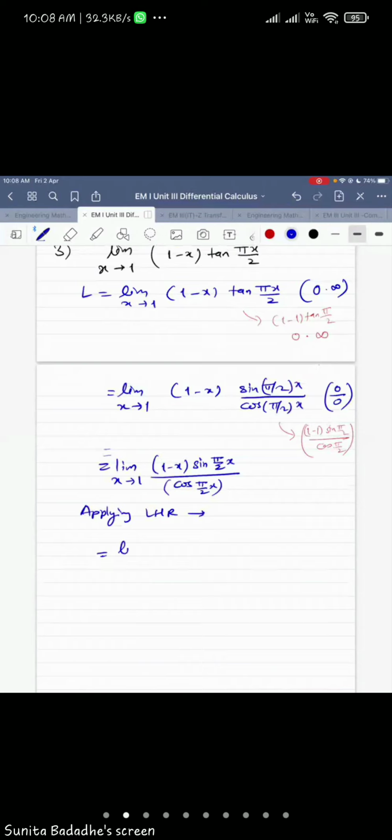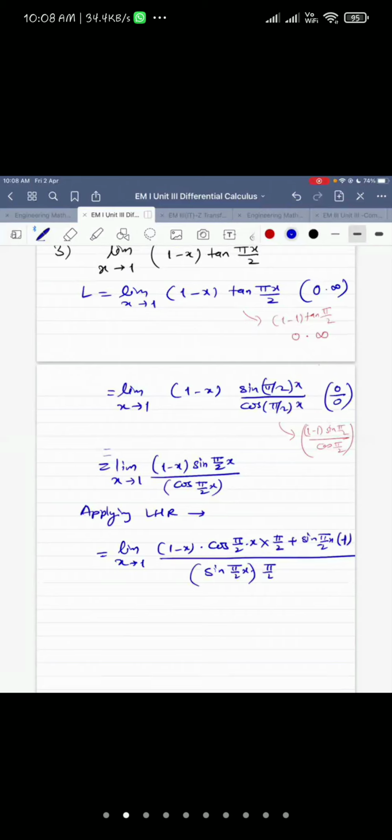It gives limit x tending to 1, 1 minus x as it is, derivative of sine is cos pi by 2x into pi by 2 plus sine pi by 2x as it is, and derivative of 1 minus x is minus 1 upon derivative of cos is sine pi by 2x into pi by 2 by the chain rule, right? So this is the derivative.